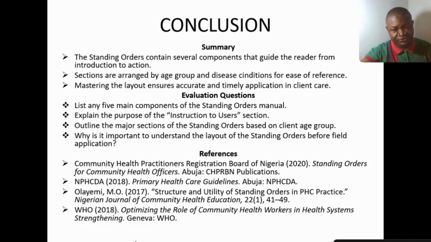First thing to note, sections are arranged by age group and disease conditions for ease of reference. Mastering the layout ensures accurate and timely application in client care. If you don't succeed in getting acquainted with the layout of the standing orders, you will struggle to be very efficient in applying them in clinical practice.